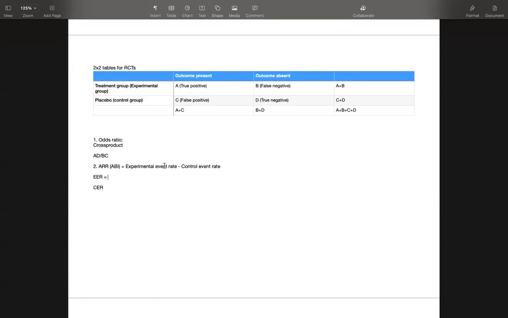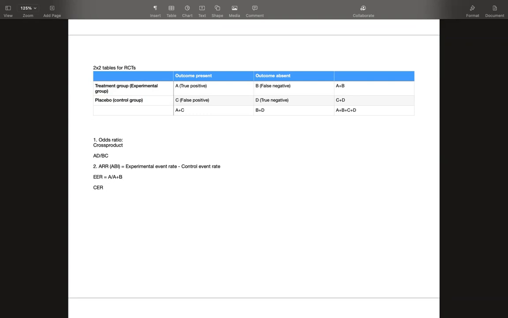Experimental event rate: in how many patients who were in the treatment group did the outcome or event occur? It is A by A plus B, because we have A plus B people in the experimental group, and out of this only A showed the outcome. So experimental event rate would be simply A by A plus B.